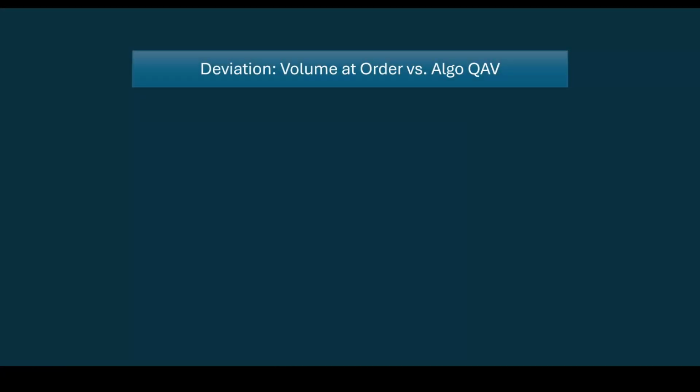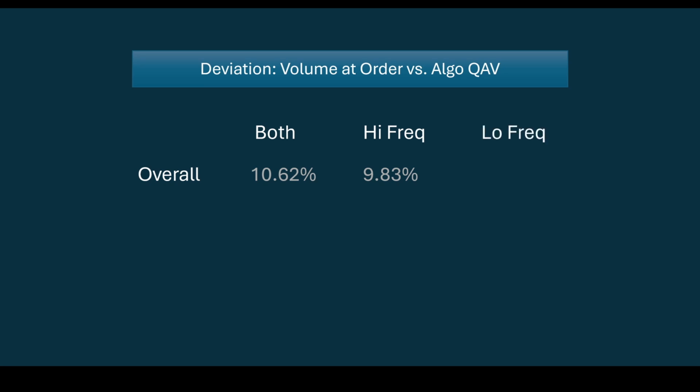The average of absolute deviations for the combined algos was 10.62%. As expected, the high-frequency algos were more precise, deviating 9.83% on average, while for the low-frequency algos, the number is 11.31%. Now for something even more interesting.